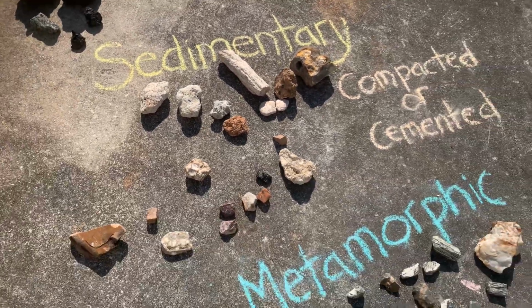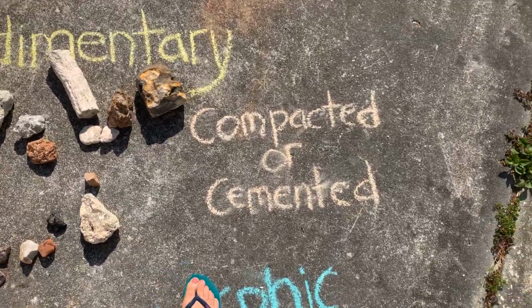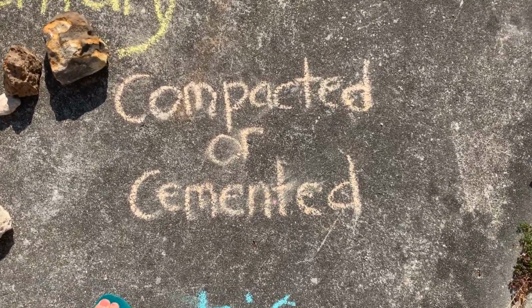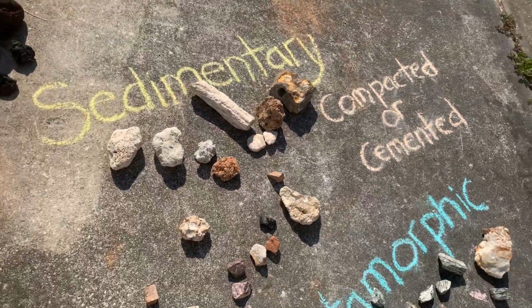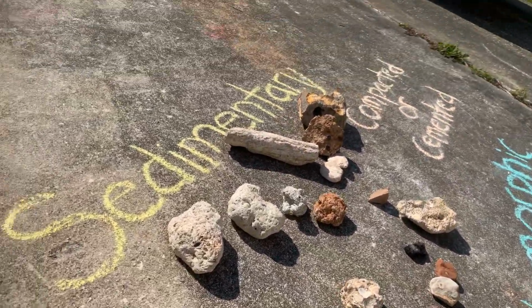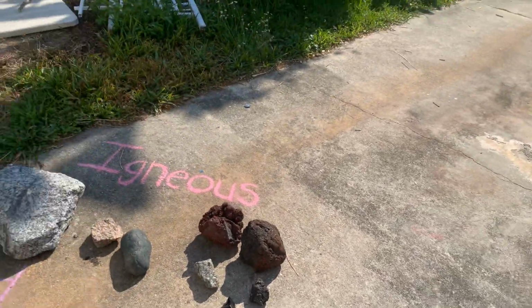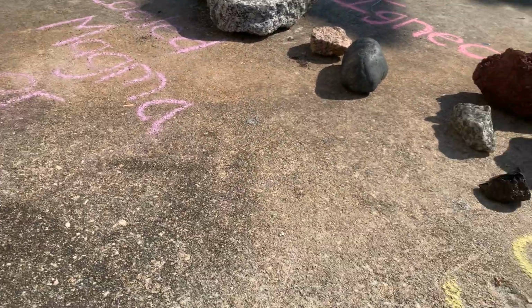Sedimentary rocks are formed when sediments and grains are compacted or cemented. Those are the main ways they form. We're going to talk a little bit about some other ways that sedimentary rocks can form. So, I'm back. All right, let's talk about some sedimentary rocks. The basic sedimentary rock is sandstone.